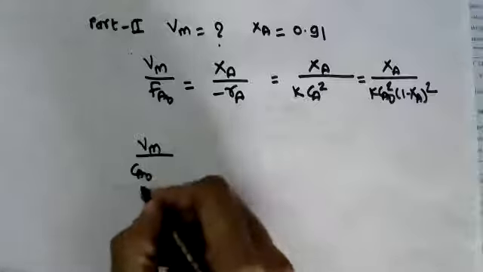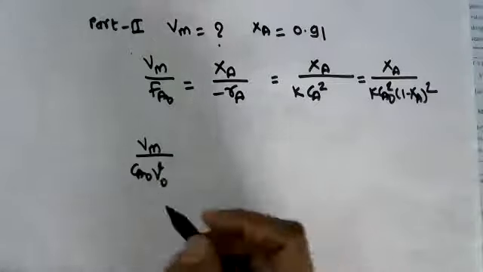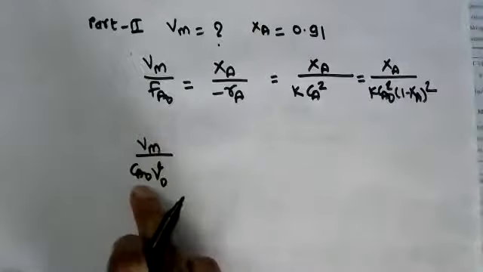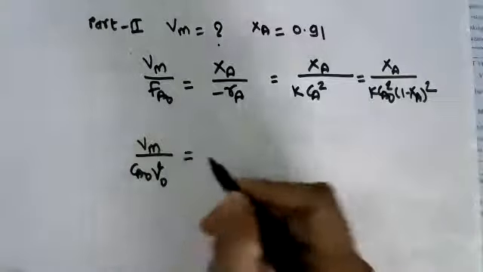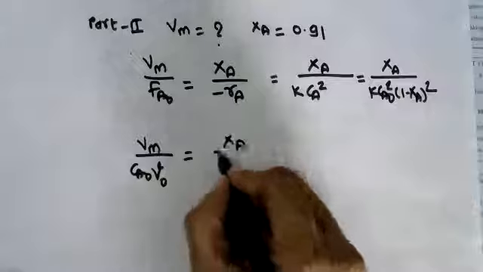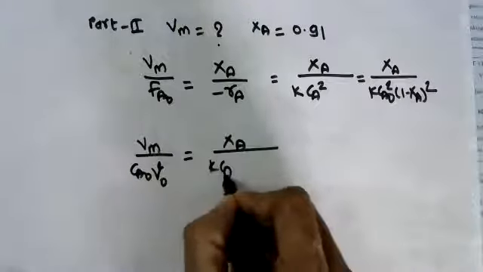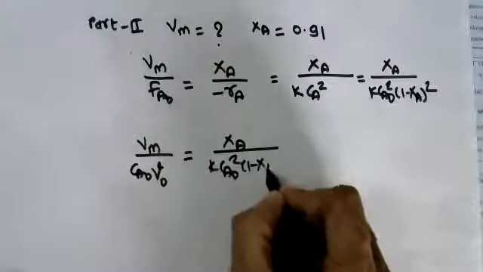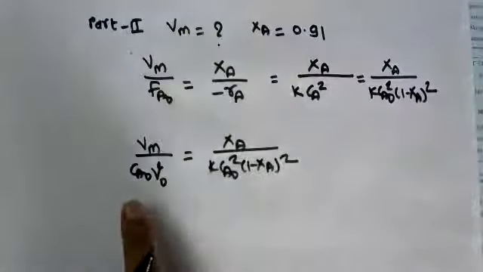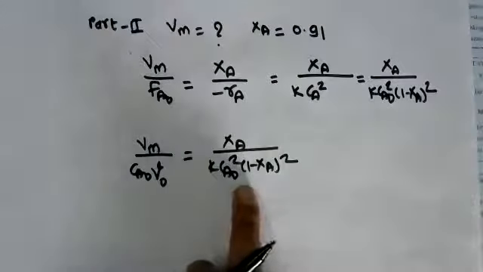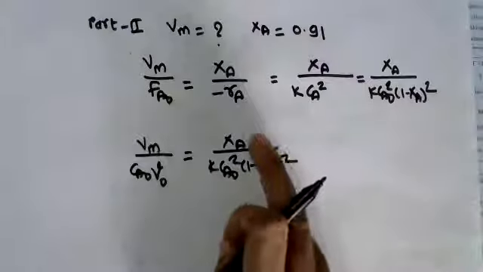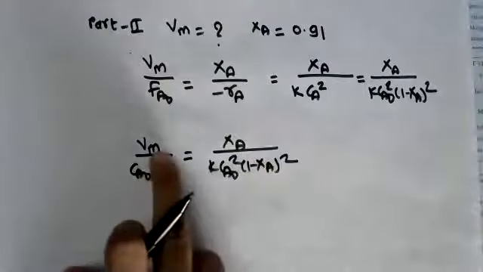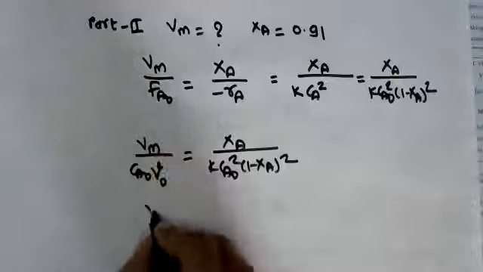So FA0 is equal to CA0 into V0, that is, initial concentration multiplied by volumetric flow rate, over k CA0 squared into (1 minus XA) bracket square. So one CA0 will get cancelled. Now V0 is known, XA is given, we can calculate the value of Vm.